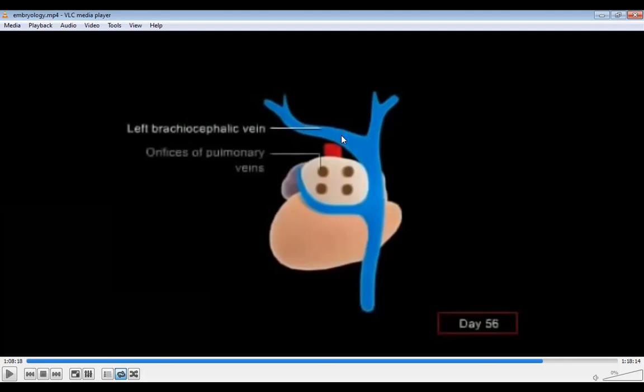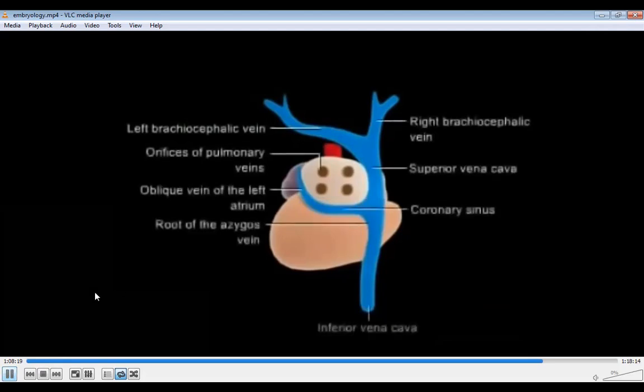The caudal portion of the anterior cardinal vein will form the left brachiocephalic vein. So the left brachiocephalic vein is formed from the anterior cardinal vein of the left side.